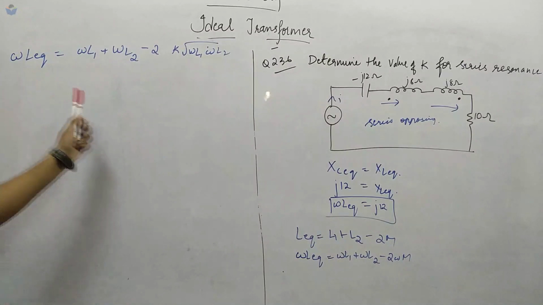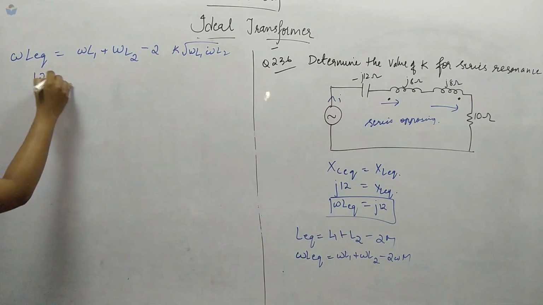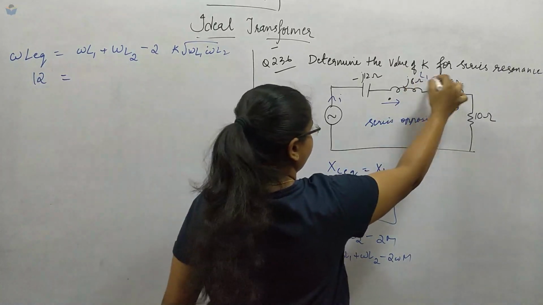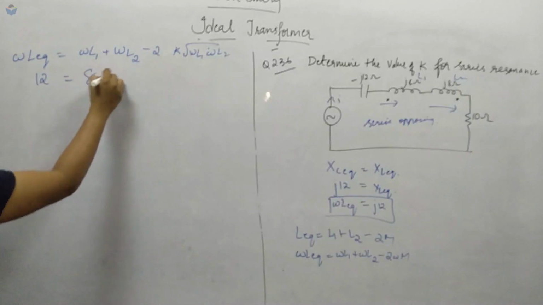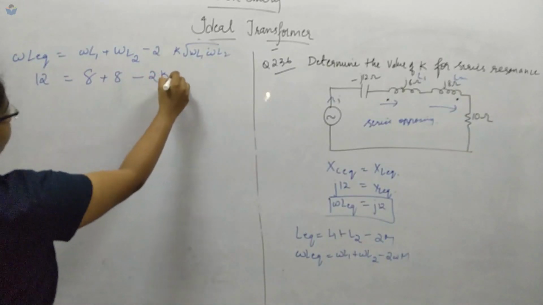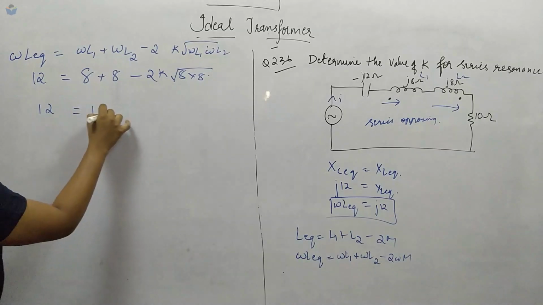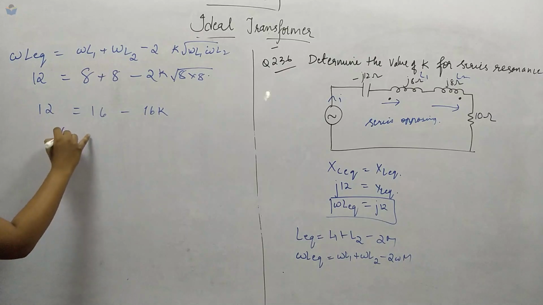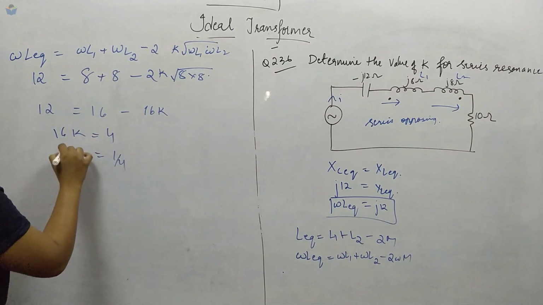Now omega L equivalent, we know, is 12 ohms. We consider one coil as L1 and the other as L2, so we get 8 plus 8 minus 2K times 8 into 8. So 12 equals 16 minus 16K, so 16K equals 4 and K is equal to 1 by 4.